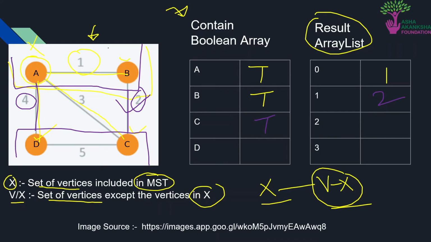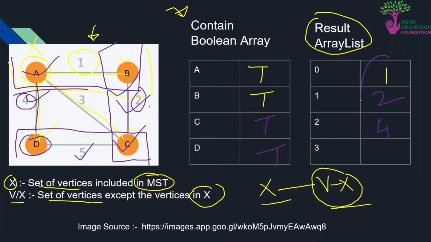Now similarly, set X will be A, B, and C, and set V minus X will only be D. So edges 4 and 5 are the ones which connect X and V minus X, the minimum of which is 4. I will mark D as true. Now add 4 to the result array.